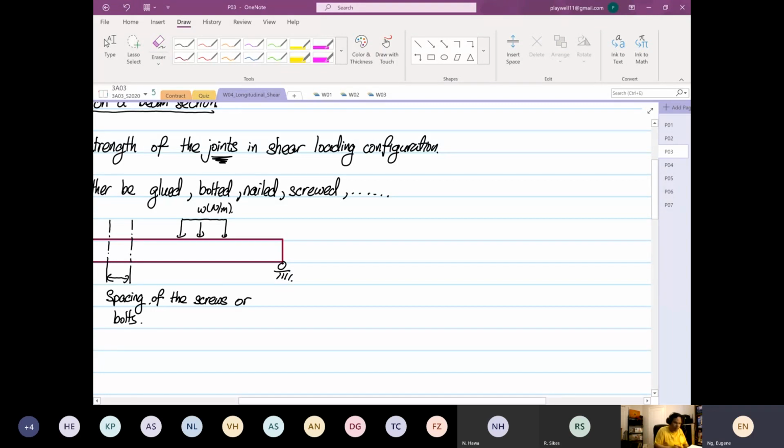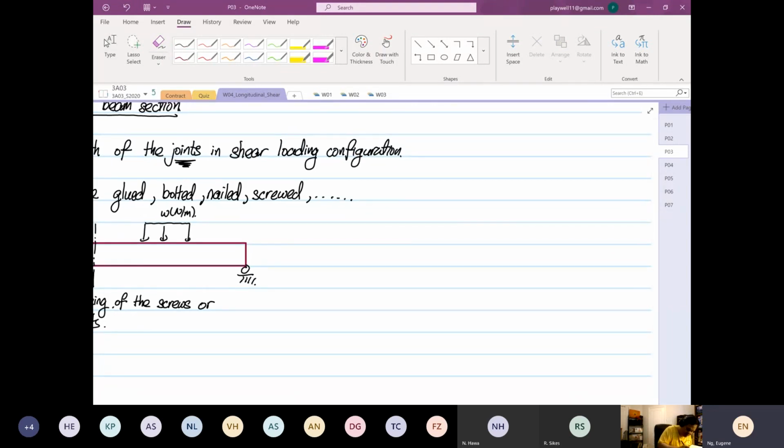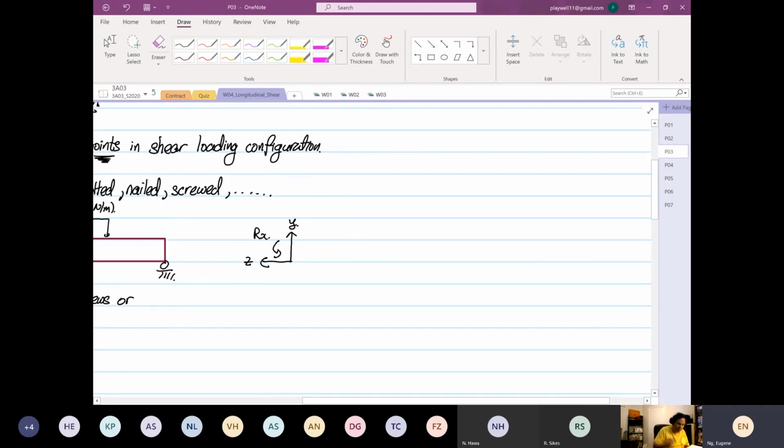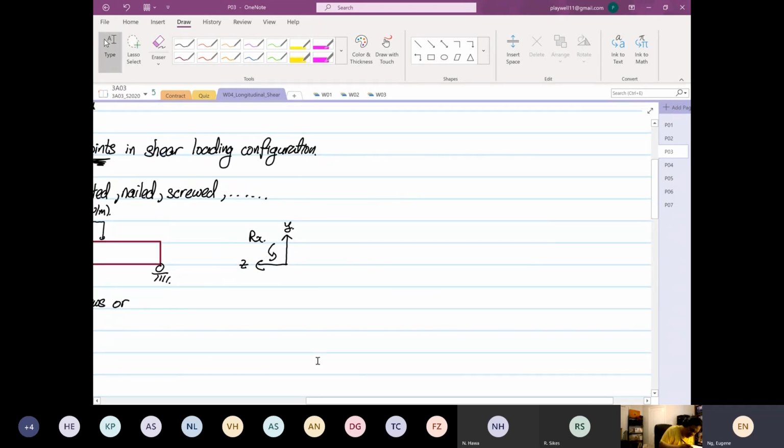So if we look at our cross section now, this is my Y, this is my Z, this is our rotation in the X. So this is our cross sectional view.